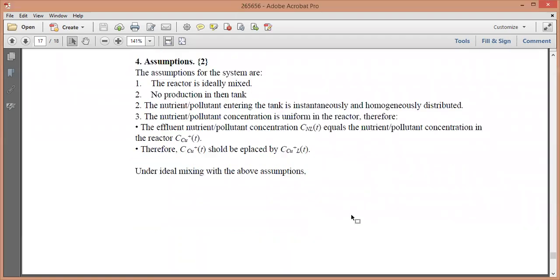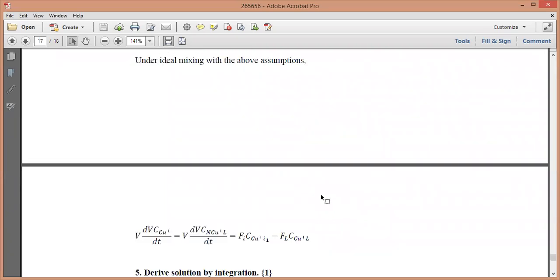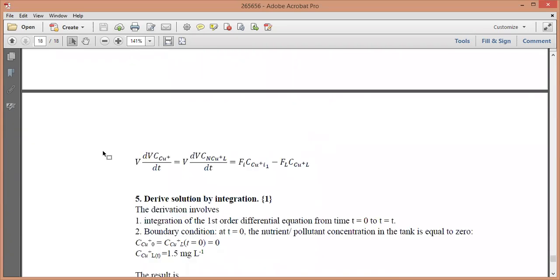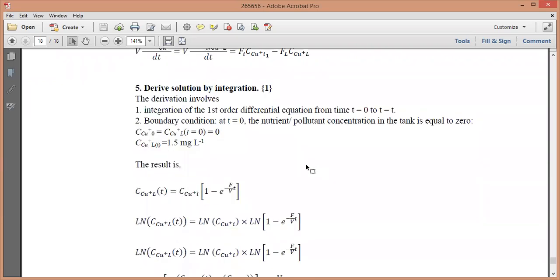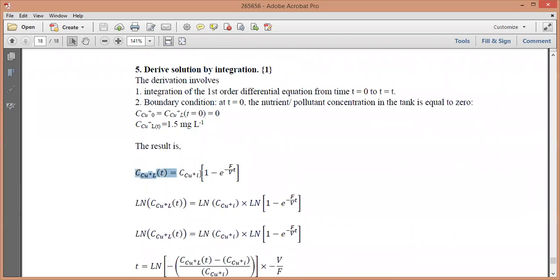Okay, so under these conditions, the ideal mixing, with the above assumptions, we come up with this: inlet minus outlet. Remember the formula I was saying would be our working formula. So remember this formula here, that's what we're going to use. This is through integration of the first order differential equation from time t equal to 0 to t equal to t. So remember, what is the question asking us? It's asking us to find t, isn't it?